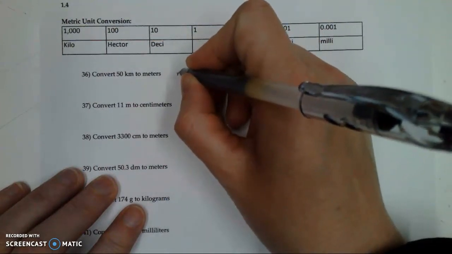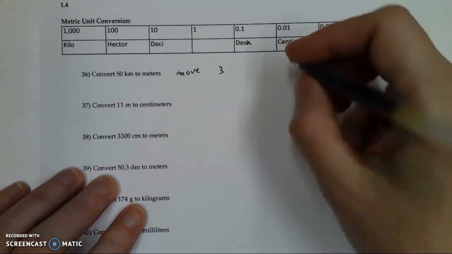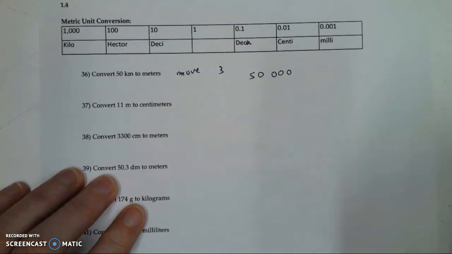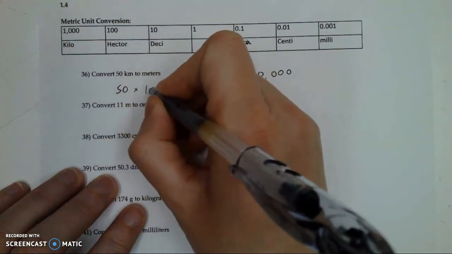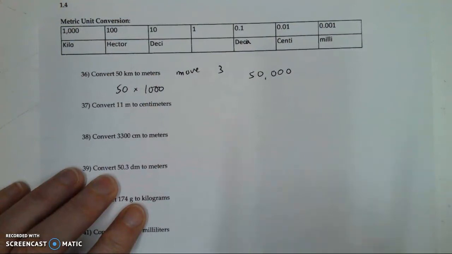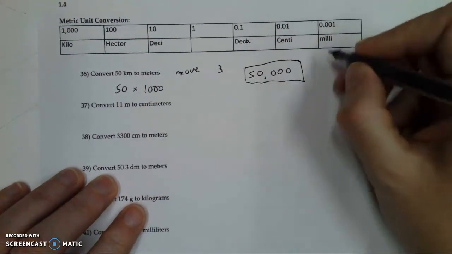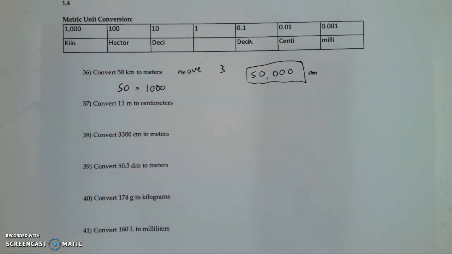So I'm going to move 3. And we know we're going to get bigger, so I'm going to put 3 extra zeros on that. Now again, you could also take that and multiply by 1,000. That will get you the same thing. So there's 2 different ways of doing it. Again, I usually just move it, just add zeros in one direction or the other. And again, that is now in meters.